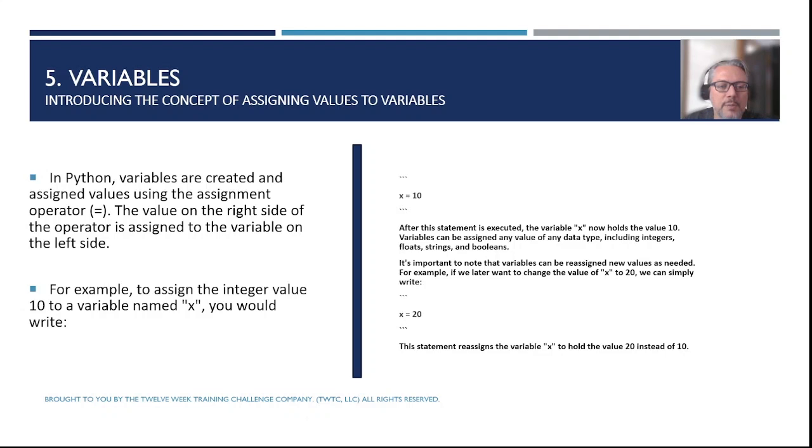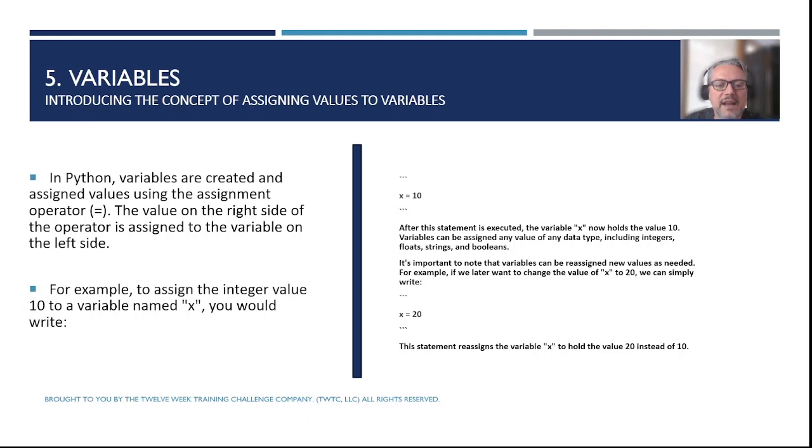Variables, introducing the concept of assigning values to variables. In Python, variables are created and assigned values using the assignment operator equals. The value on the right side of the operator is assigned to the variable on the left side. For example, to assign the integer value of 10 to a variable named x, you would write x equals 10. After this statement is executed, the x variable now holds the value of 10.